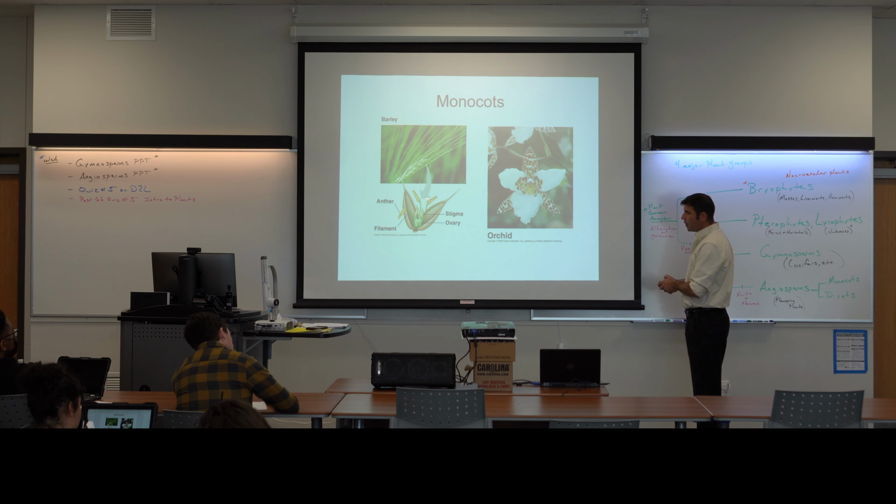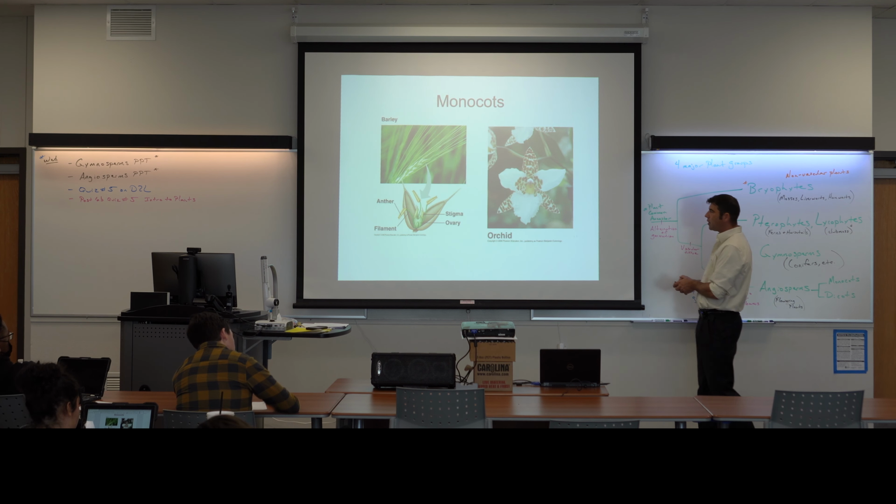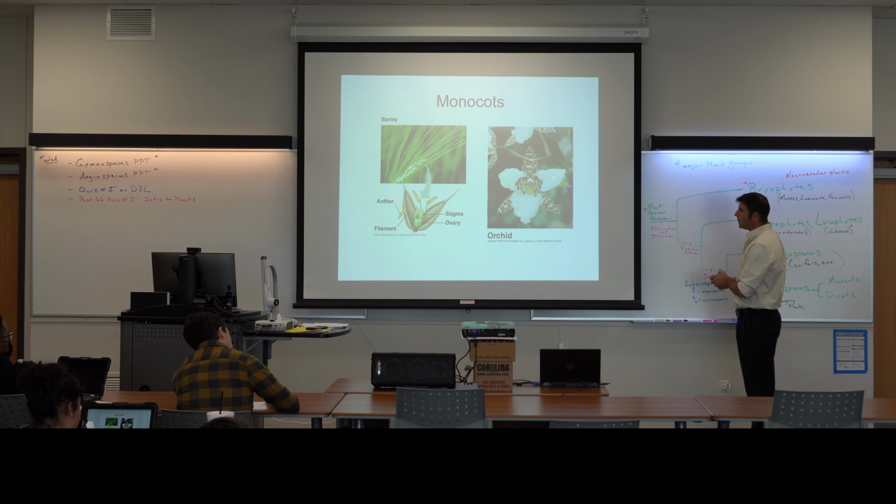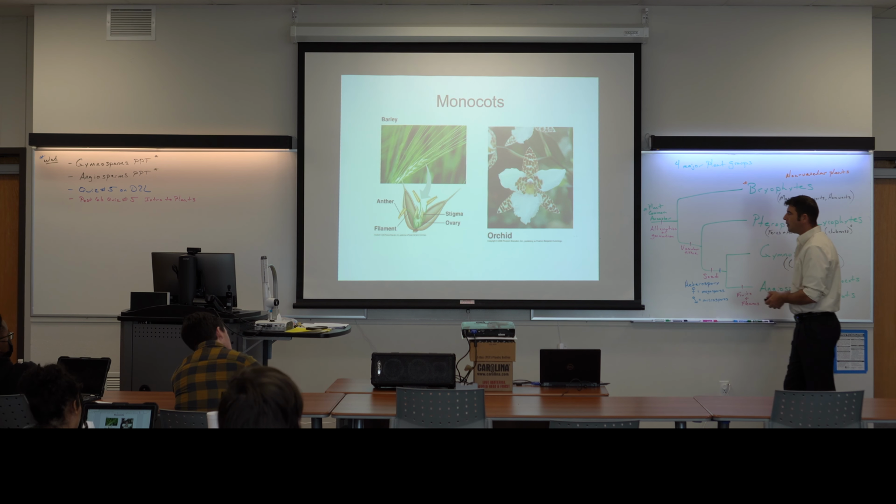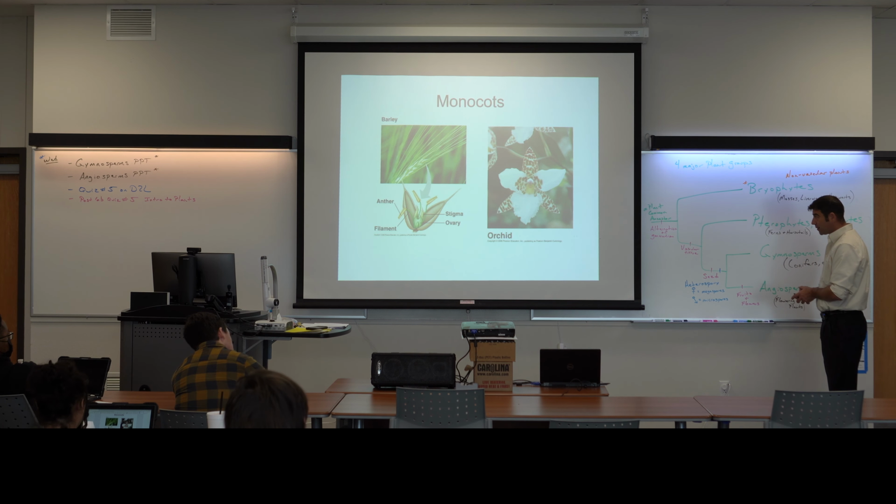The grass, there's the flower of this grass, and we can see male stamens, and there's only 3 of those male stamens. So if floral parts are in multiples of 3, it's a monocot. Here is an orchid. We've got 3 of these pretty showy petals. Those little splotchy looking structures are the sepals. So we can see 3 sepals, we can see 3 petals. Multiples of 3 tell us that we're looking at a monocot.